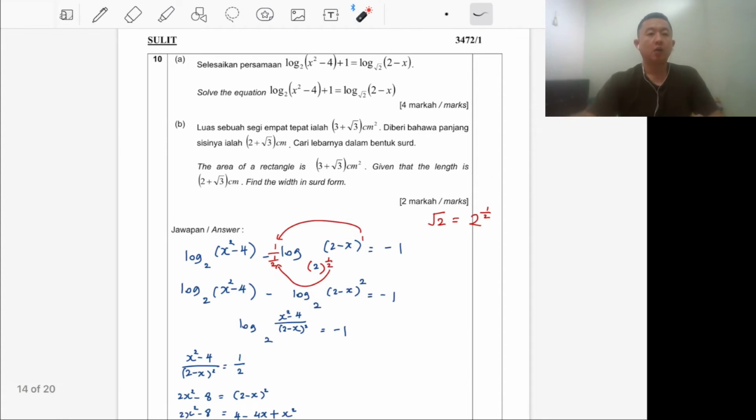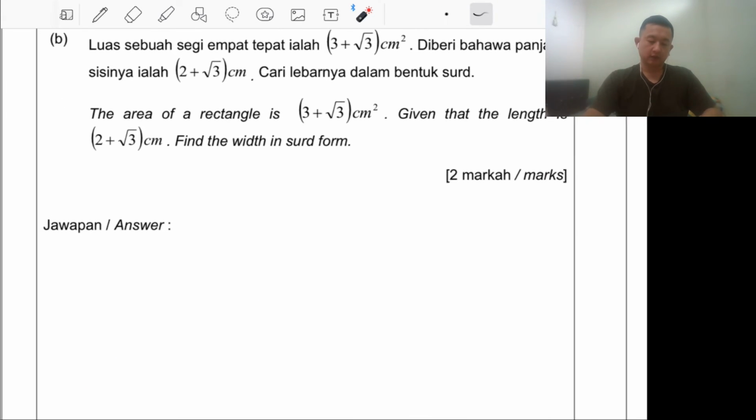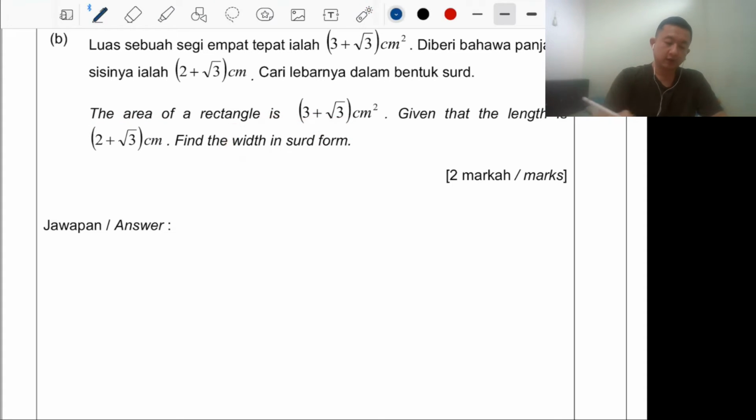Okay, now we look at the question for 10B. The area of a rectangle and the length are given, find the width. Okay, simple, right? Because we know that area of rectangle equals to length multiplied with width.